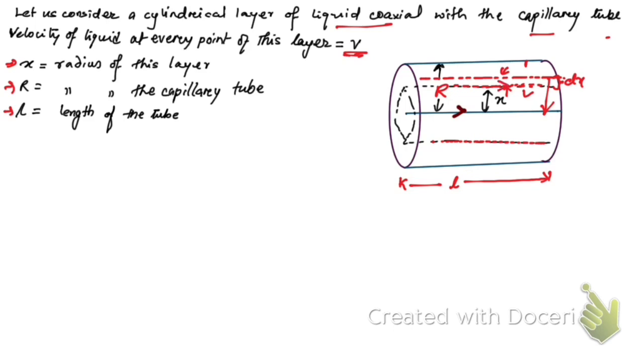That means the velocity at this inner layer is v, and the outer layer is v minus dv, because the outer layer, which is close to the wall, will be slower. Then the rate of change of velocity with distance towards the axis from the wall, the velocity gradient, is given by dv by dx.